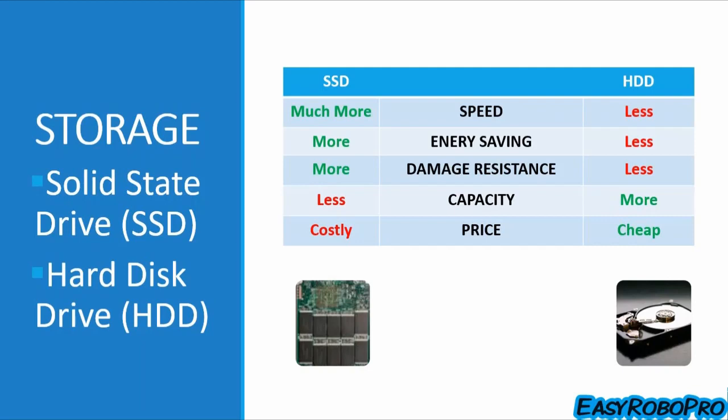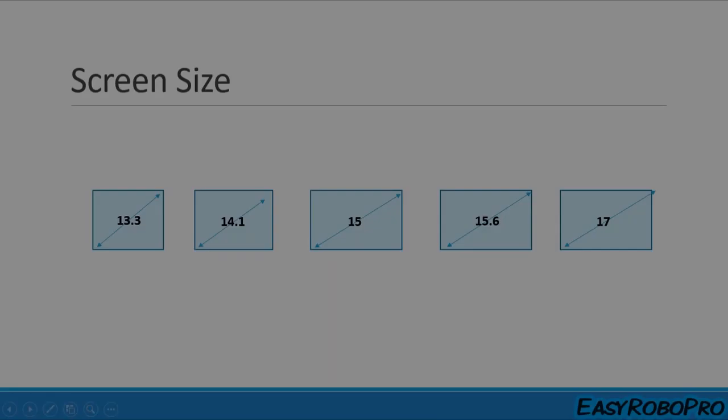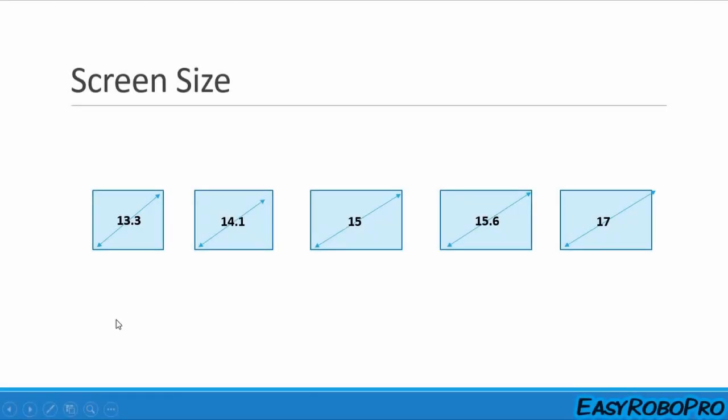If you are comparing SSD and HDD, then SSD is much faster, energy saving and damage resistant as compared to HDD. Whereas on the other hand, HDD is much more affordable and hence available in a larger capacity like 2 terabytes or 4 terabytes.